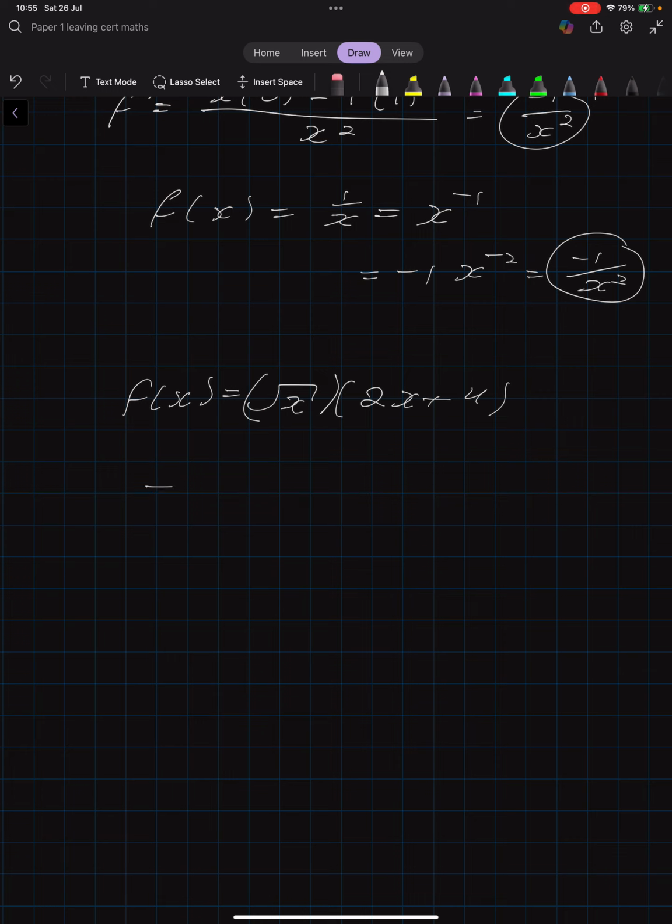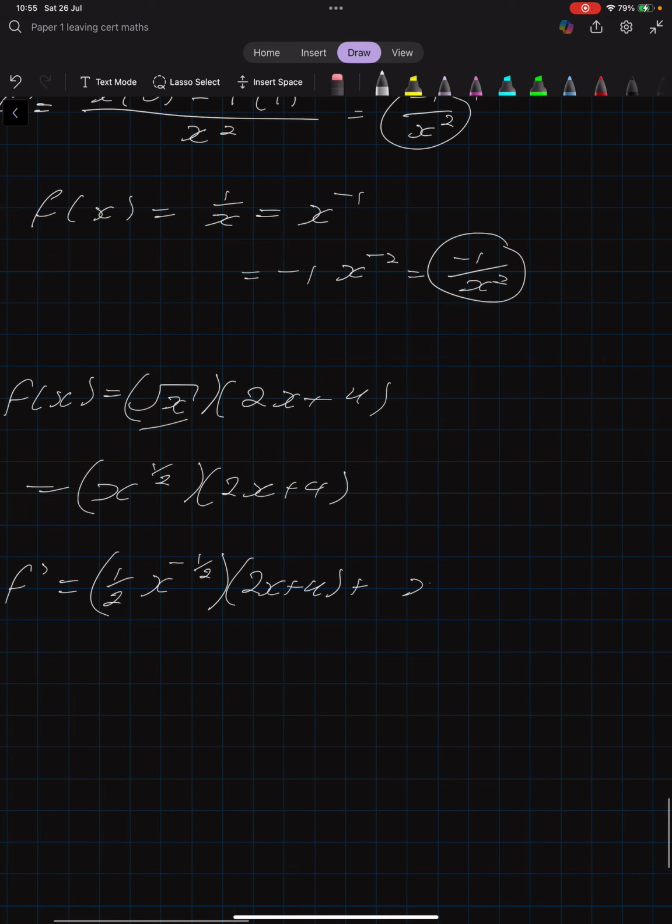How would we differentiate this? So remember, you differentiate the left first. So root x, that's x to the power of a half, 2x plus 4. So f prime is equal to, differentiate the left thing first, the half comes down, minus 1 half the power, like so, times 2x plus 4.